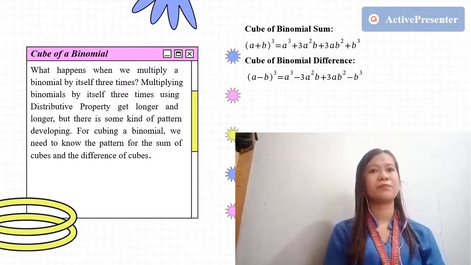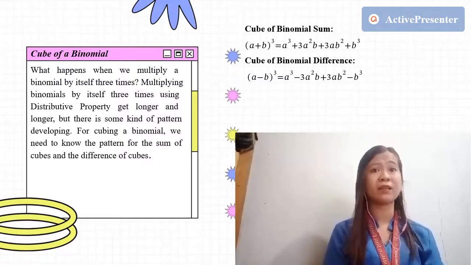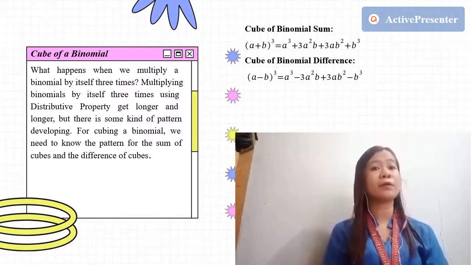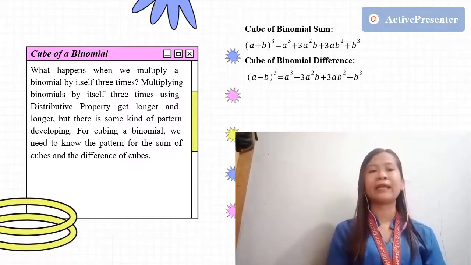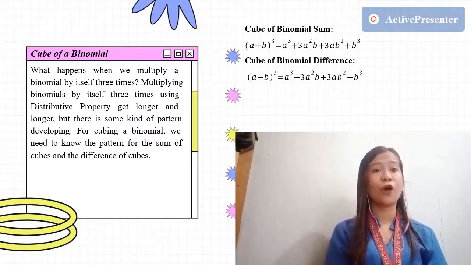Because we multiply the first, then the second, again we're going to multiply it. It's a very long process. But there is some kind of pattern that we have developed. So, for getting the product of the cube of a binomial, we need to know the pattern for the cube of a sum and the cube of a difference.